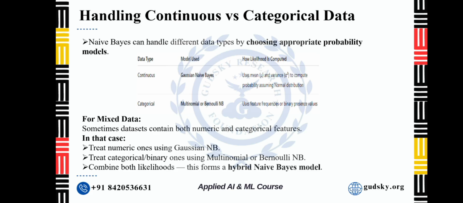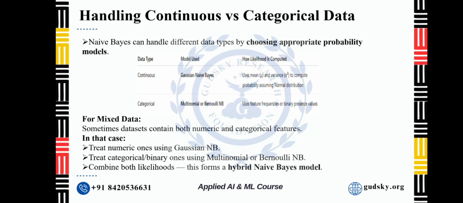For continuous features, we can use Gaussian naive Bayes, which assumes a normal distribution. For categorical or count features, we use multinomial or Bernoulli naive Bayes. If your dataset has both, say a medical dataset where age is numeric and symptom present is categorical, we can combine both likelihoods. This forms what we call a hybrid naive Bayes model, which blends two approaches.